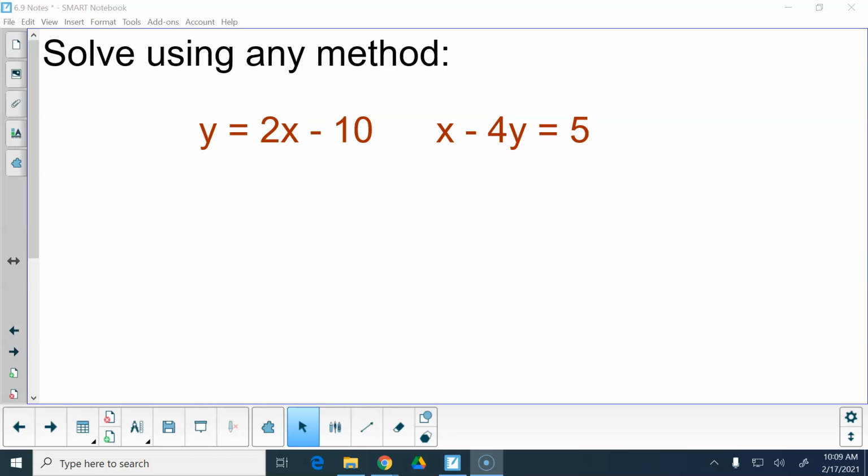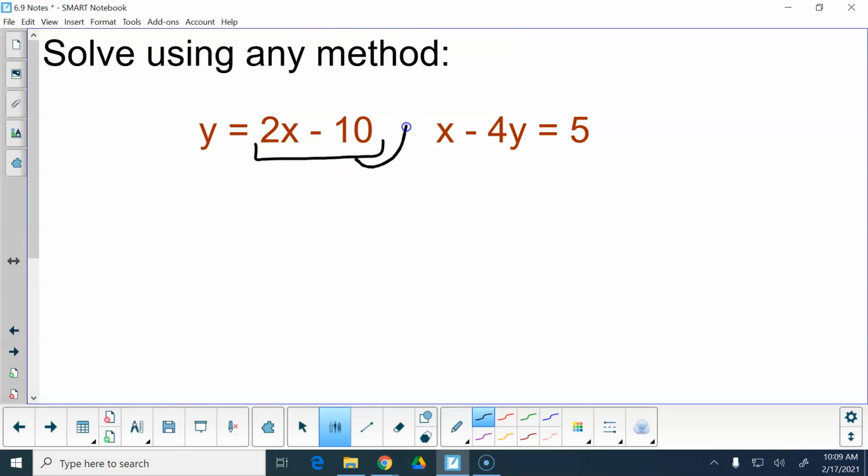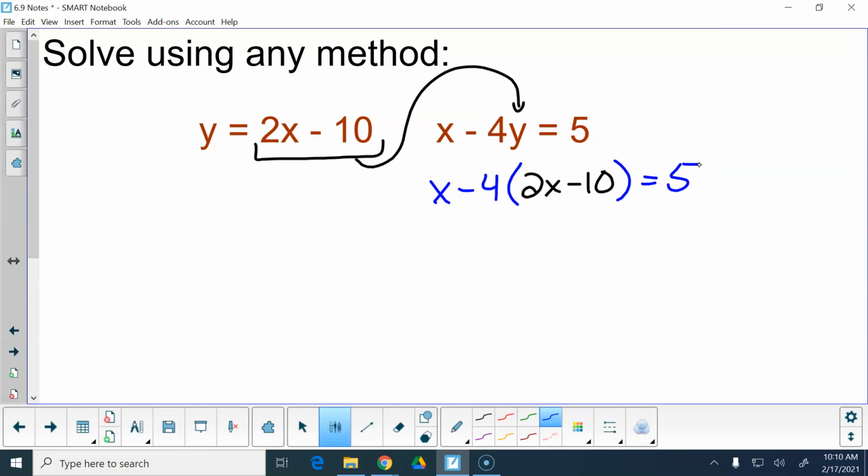I would go with substitution, because it's set up for us, right? We can just easily put 2x minus 10 right in there. So then that would give us x minus 4 times 2x minus 10, and that's going to equal 5.